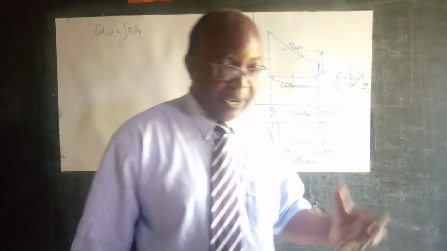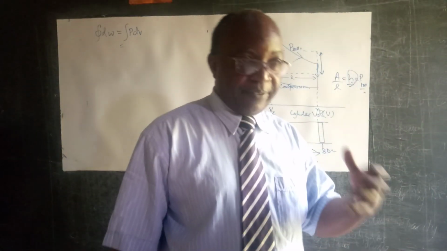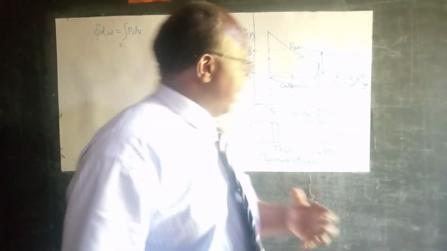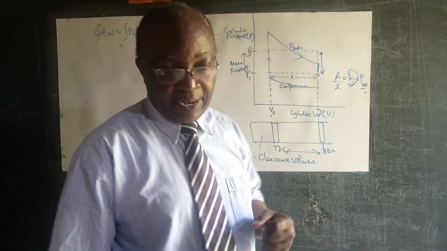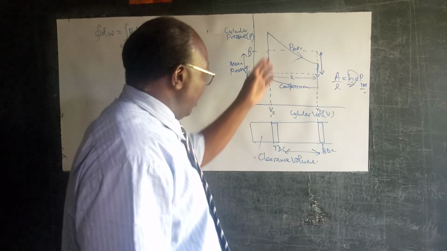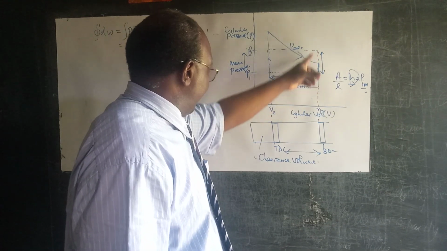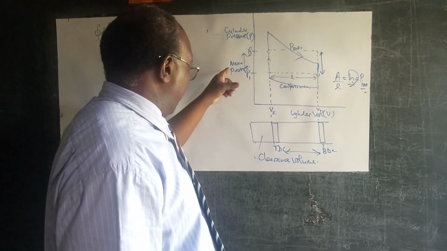And so the profile which you get, that figure which it draws, is basically the same as the area of the actual indicator diagram for the process. So the value which you get, that height there, corresponds to the mean pressure.